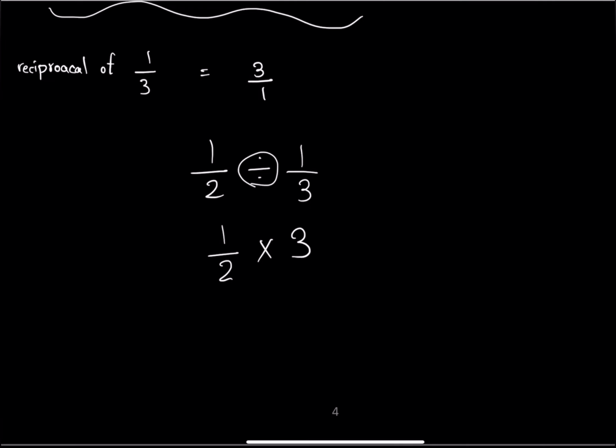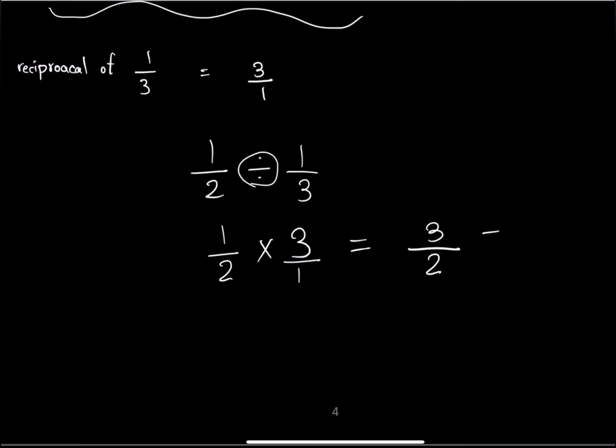Now, how do you multiply fractions with whole numbers? Well, I'll remind you that a whole number is basically a fraction with a denominator of 1. That means 3 is the same thing as 3 by 1. After that, we can simply multiply the fractions, which gives us 3 over 2.